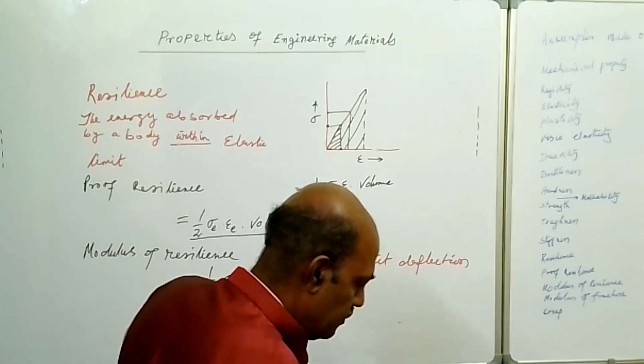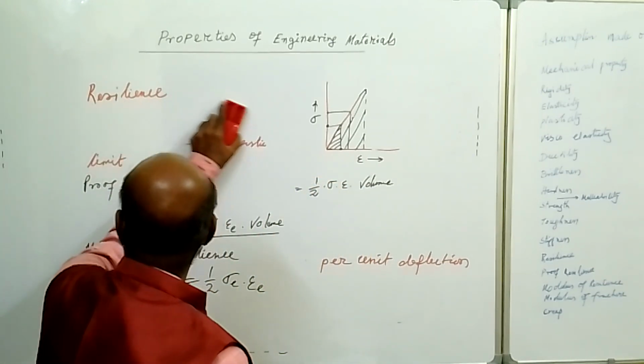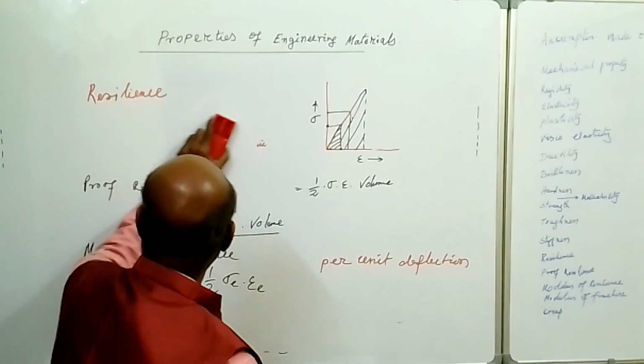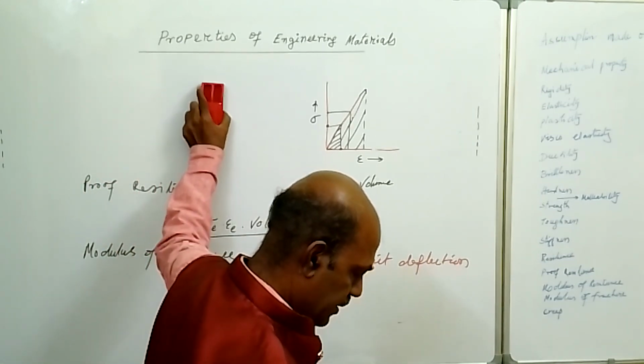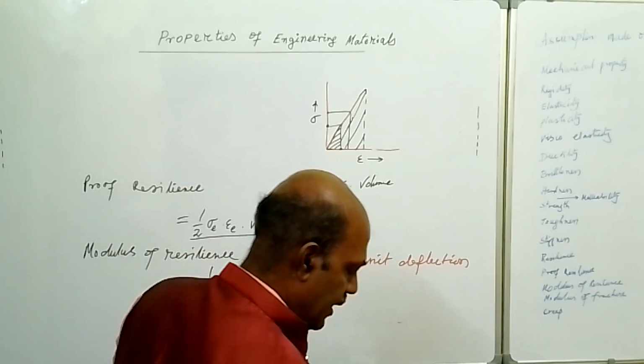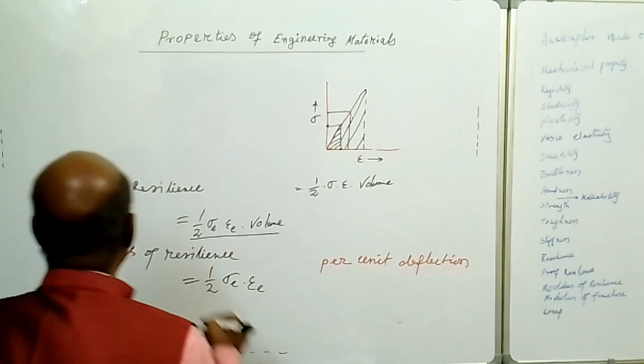Next, we have the modulus of fracture. This is the energy absorbed by the body up to breaking point per unit volume.